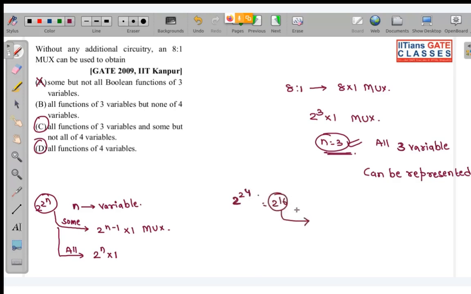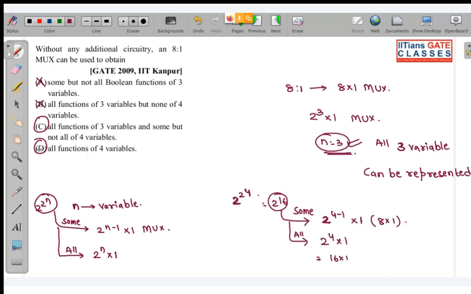Out of this, some of them can be represented using 2 to the power 4 minus 1 mux, but all of them can be implemented using 2 to the power 4 cross 1, that is a 16 cross 1 mux, and this is an 8 cross 1 mux. So some of them can be implemented, so this option is wrong.